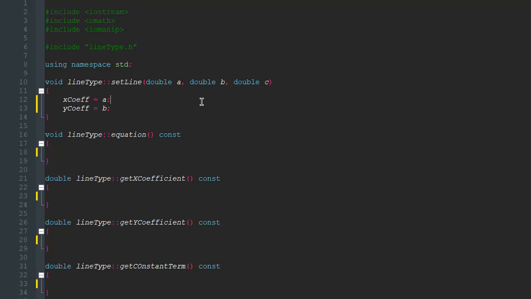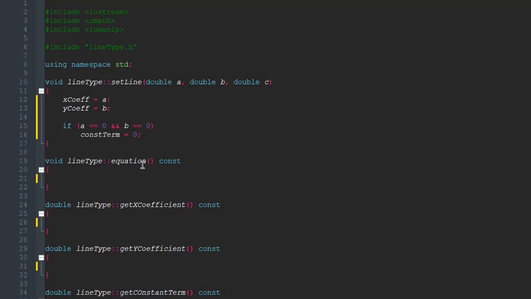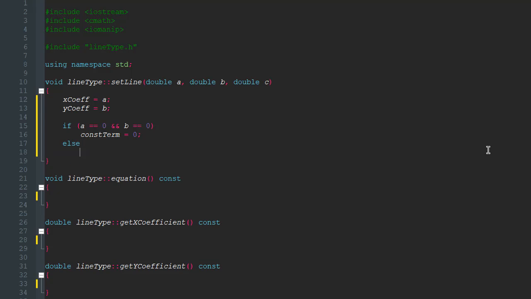And now in this case, we want to make sure that if a and b are equal to 0, then the constant term will also be equal to 0, because 0 will be equal to 0, of course. But since that isn't always the case, we can write in else the constant term will be equal to c.